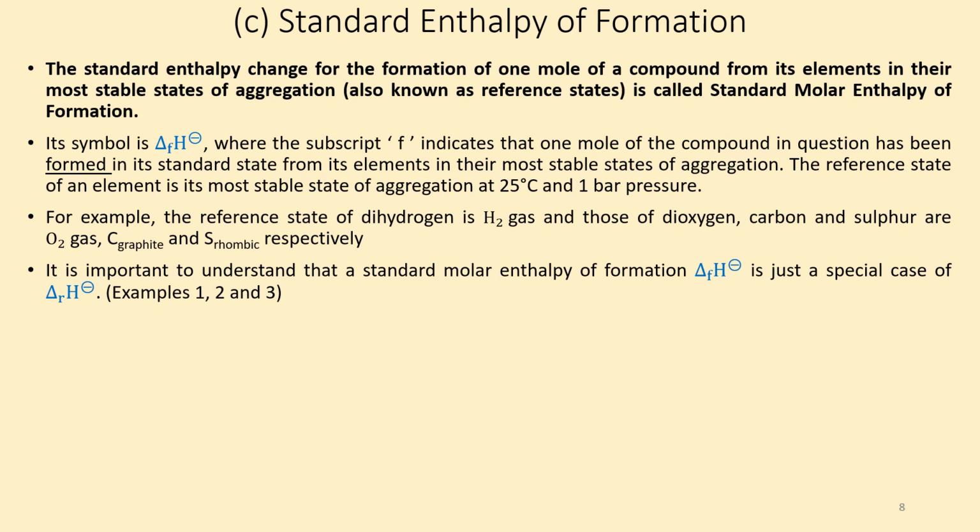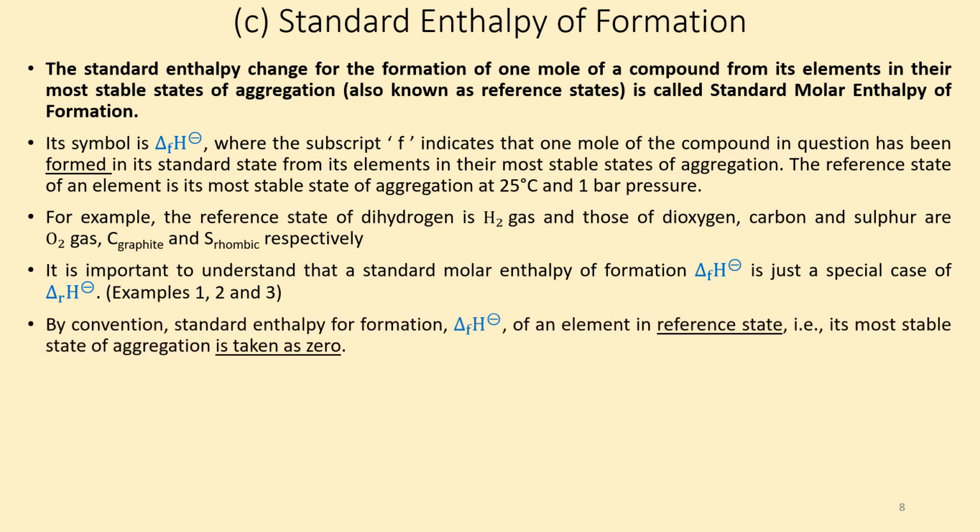So you can see examples 1, 2, 3 in the next slide. By convention, the standard enthalpy of formation delta f H naught of an element in reference state, that is in its most stable state of aggregation, is taken as 0.